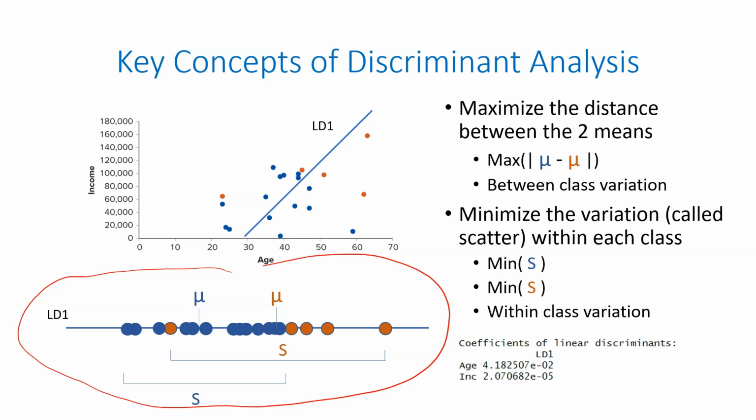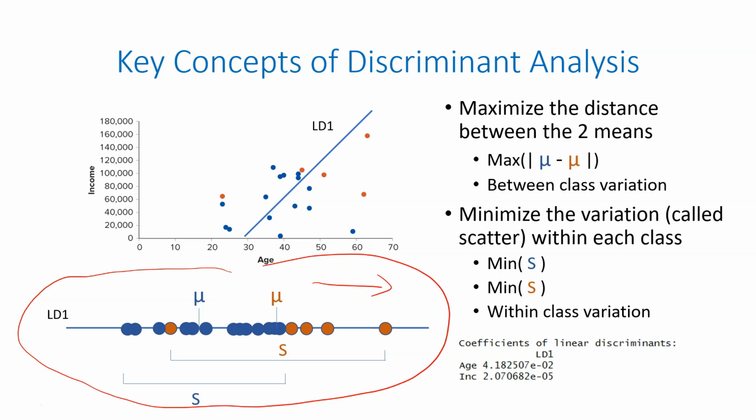And the diagram on the bottom shows the data points projected onto the new dimension LD1. As we can see intuitively, the new dimension offers good separation between the two classes. The more the data points move to the right of the new dimension, the more likely it belongs to the response class.